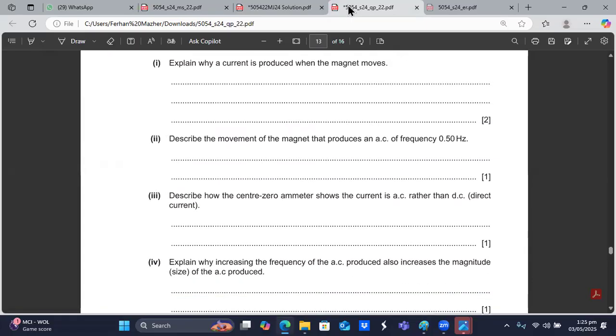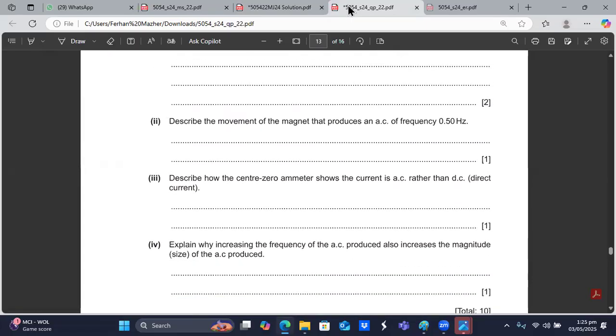Describe how the center zero ammeter shows the current is AC rather than DC. You see how center zero, because in the center zero, the pointer is in the center. So the pointer can move to the left, pointer can move to the right, depending upon the current which is passing through that ammeter. So you will observe that in one complete cycle of your forward and backward movement, that's a complete cycle of your hand, you are holding a bar magnet.